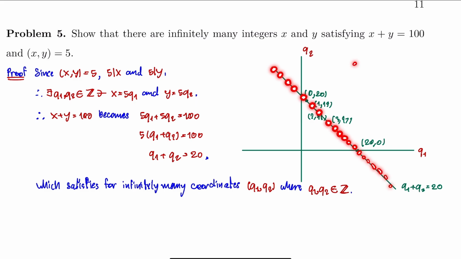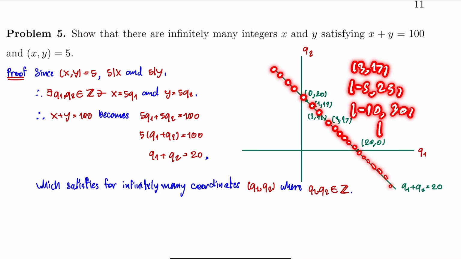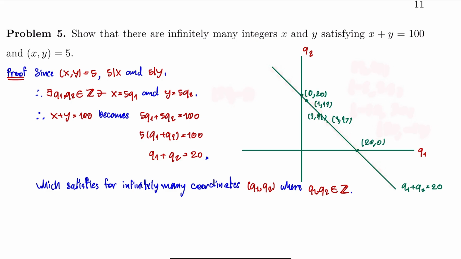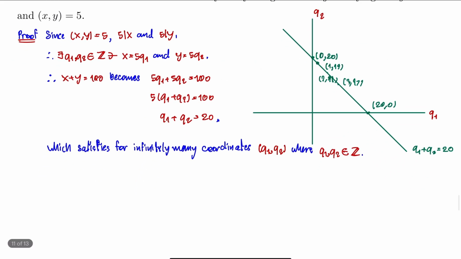For example, you may have (3, 17), you may have (-5, 25), you may have (-10, 30), you can have (30, -10), you can have (29, -9). So there are infinitely many coordinates where q1 and q2 are integers.